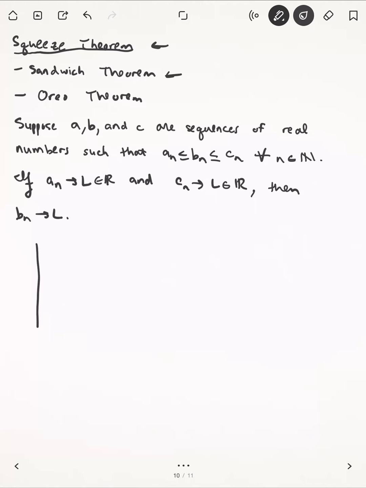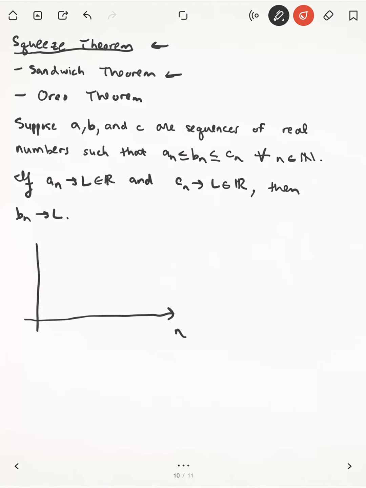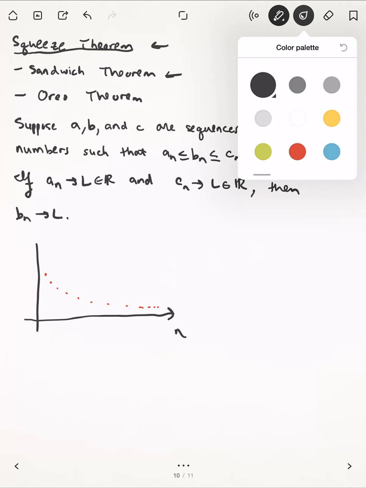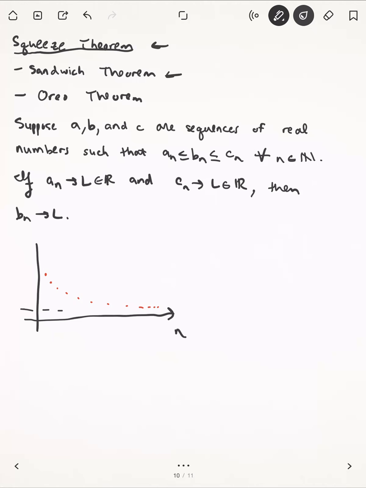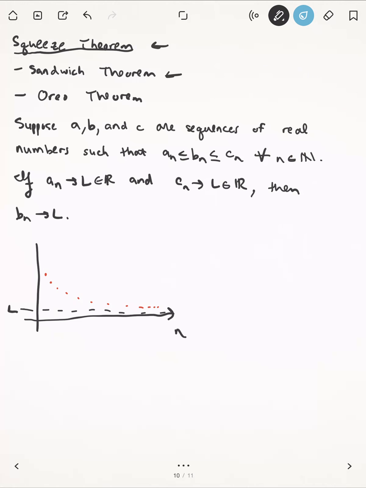Okay, so how do we understand this? Say we have n here, and let's say I have a sequence. Let's say A sub n looks like this, and this is where L is, and say C sub n looks like this.